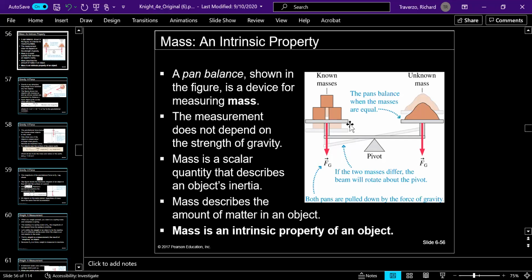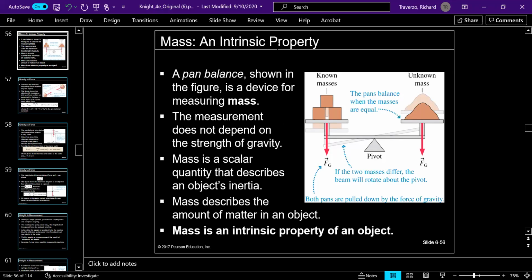The first one they say is that mass is an intrinsic property of an object. What does that mean? It's the same value anywhere on Earth. It's the same value when you go up in orbit, when you go to a different planet, when you're in deep space, when you're near the sun, when you're in an elevator up or down. That's the thing that stays the same.